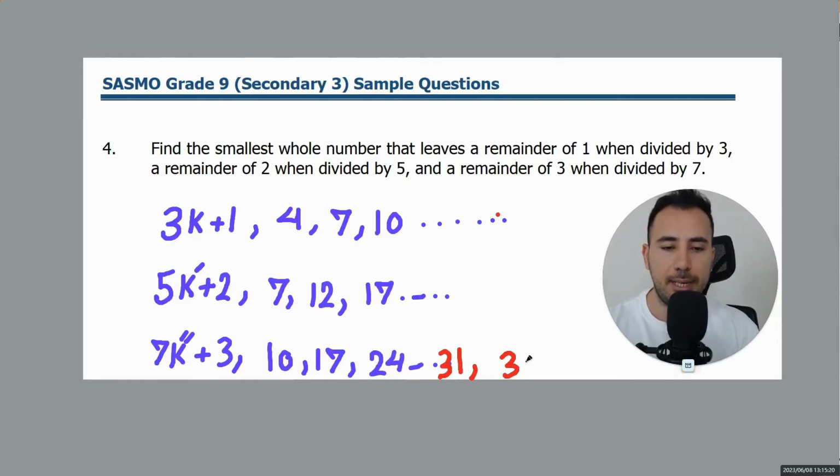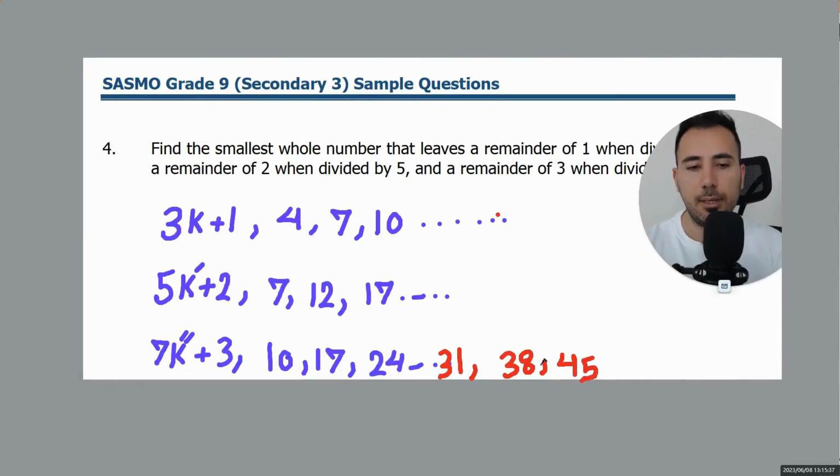How about 38? 38, when we divide it by 3, it gives remainder of 2, not good. So 45 is divisible by this, definitely not good. So how about 52? It works with this one.